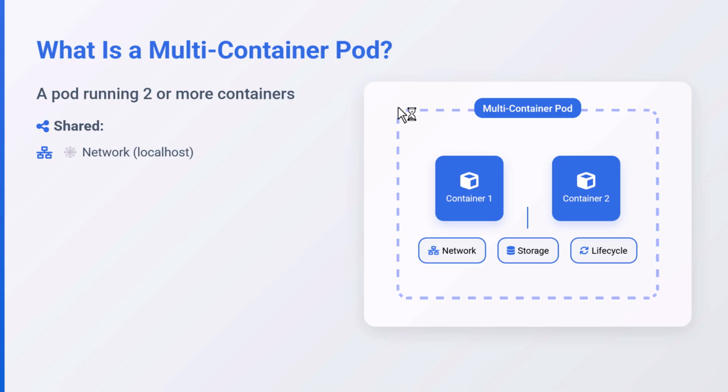Multi-container pods are great when you have containers that depend on each other closely, like a web server and a helper app that handles log processing or watches for file changes. We will see real examples and use cases shortly, but for now just remember, use multi-container pods when your containers need to work as a team, not as individuals.